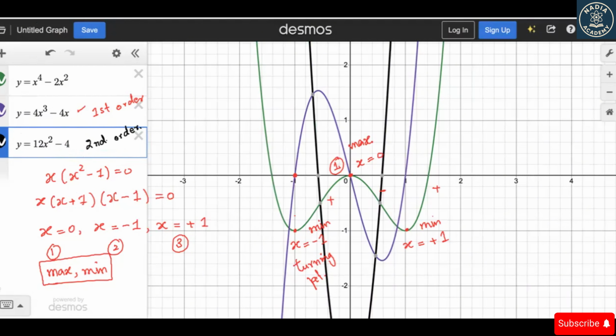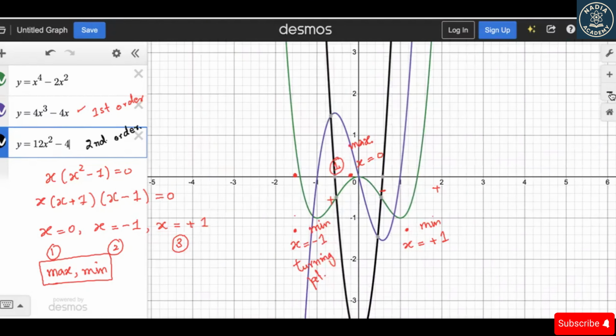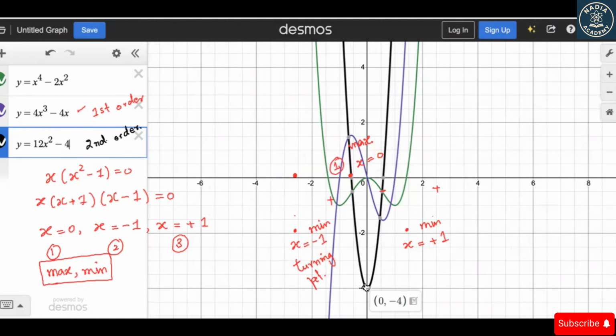Now, let's try to understand these graphs. I'm going to minimize it a little more where you can see clearly your second order derivative, which is a parabola because this is x square. The y-intercept is -4 and it is symmetric.